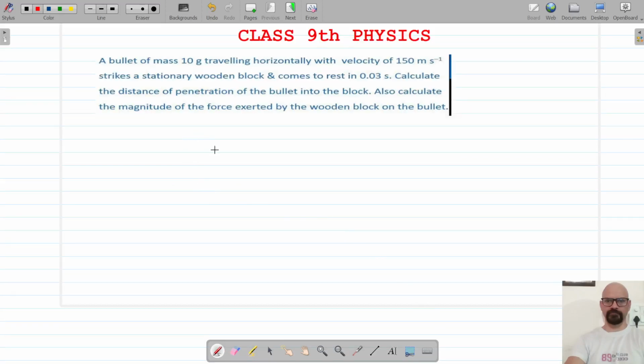Okay, for the next question, it's given that a bullet of mass 10 gram is traveling with a velocity of 150 meter per second and strikes a stationary wooden block. Let's say this is the wooden block, and this is a bullet, and the mass of the bullet is 10 gram.